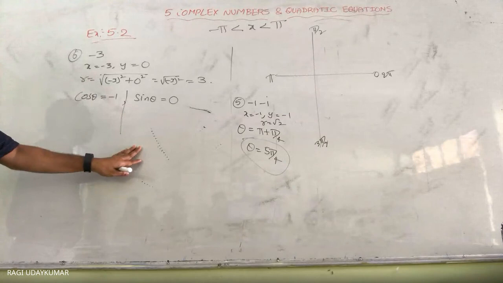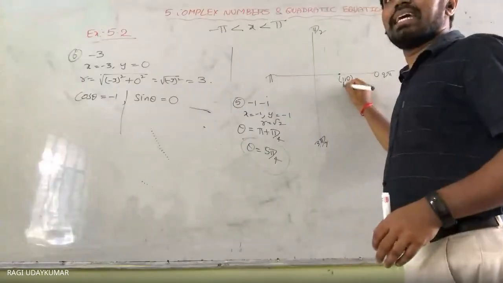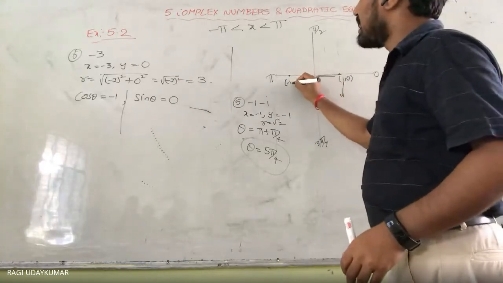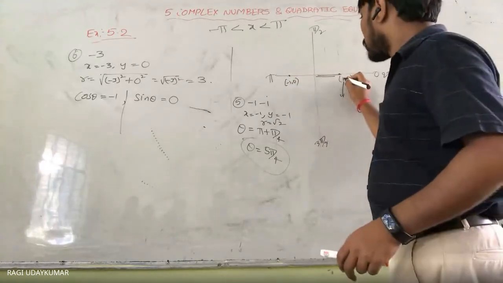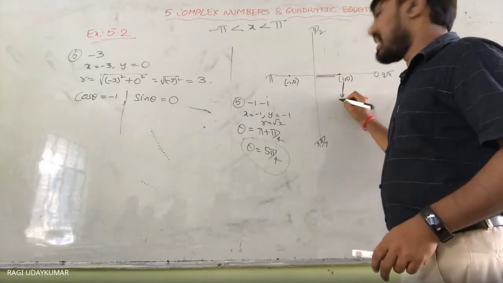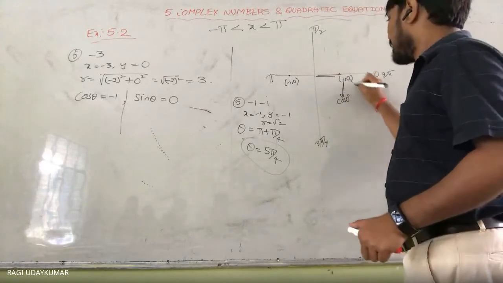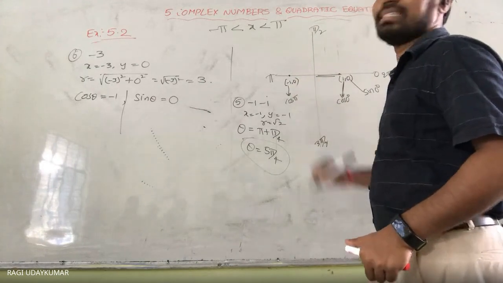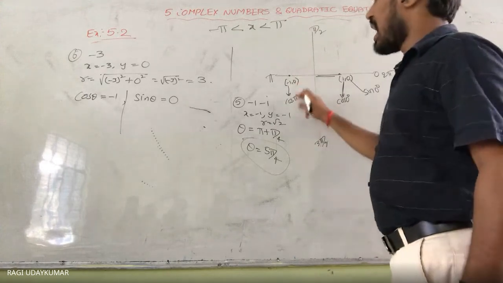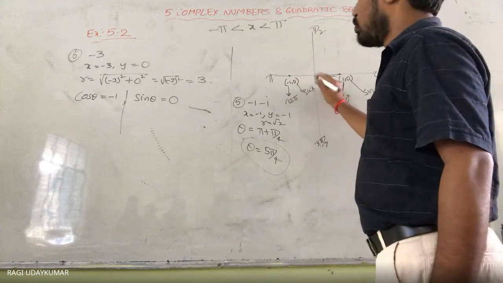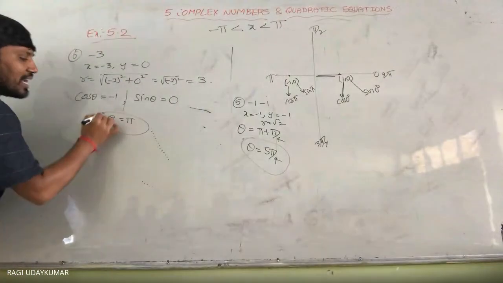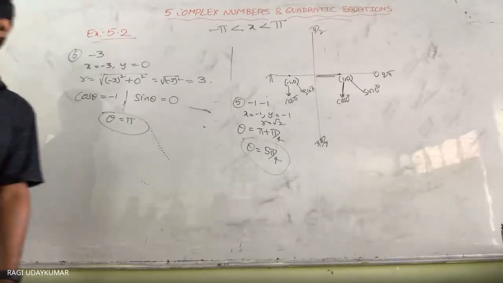At 180 degrees the point is (-1, 0): the x coordinate represents cos, and the y coordinate represents sin. So cos pi is -1 and sin pi is 0. Both satisfy. So theta equals pi.